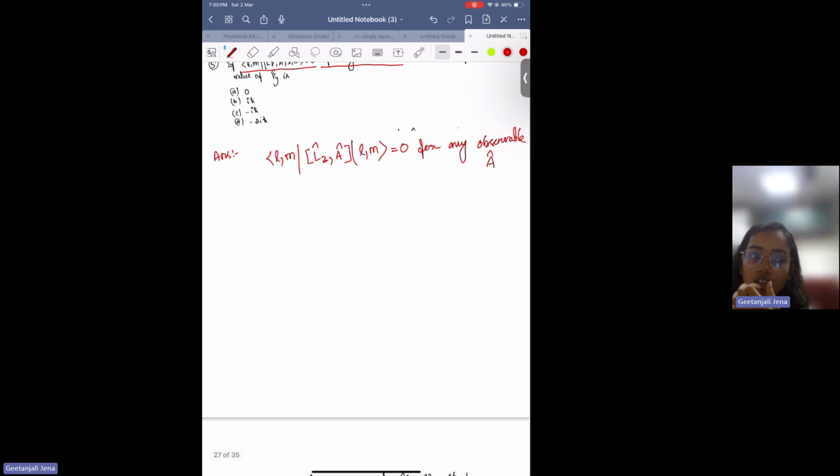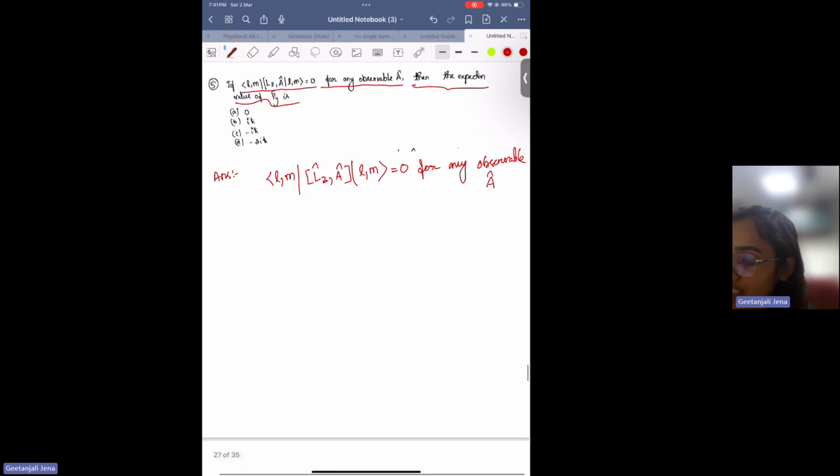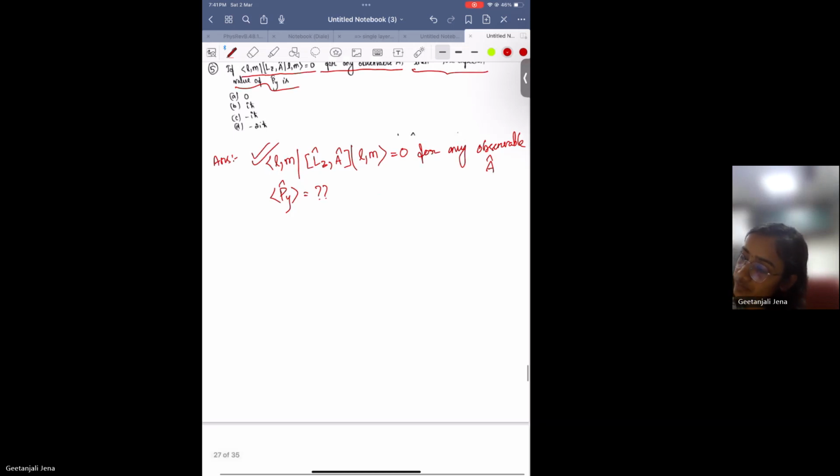The observable may be a position operator, or other operators like Lx, Ly, L square. First we have to see what is asked in the question. It is asking what is the expectation value of Py. This condition is given to you, right?